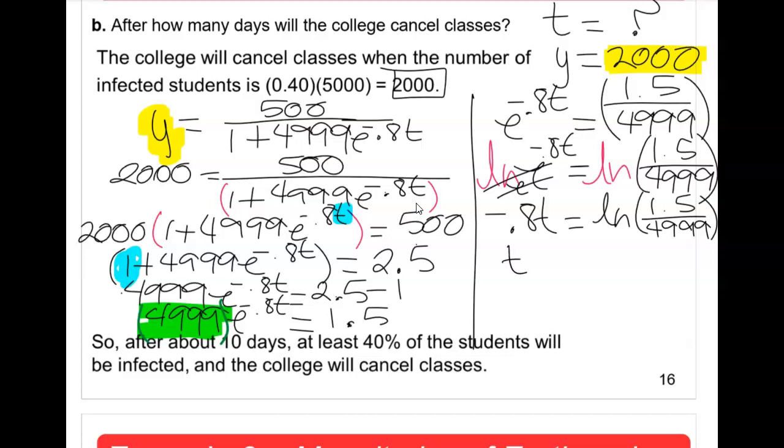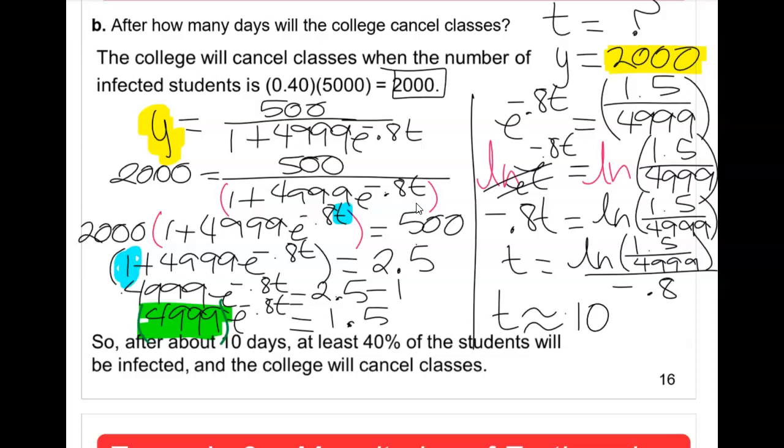And so t is going to equal the natural log of that fraction divided by negative 0.8. And so t will equal approximately 10.1.